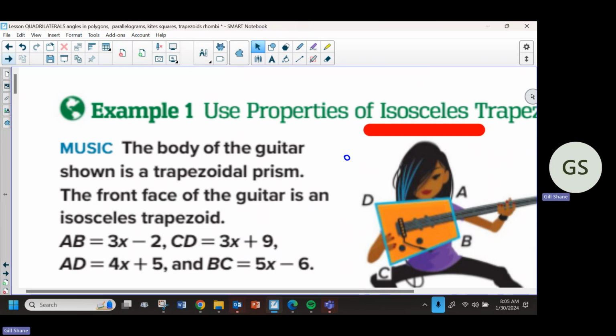Let me ask you this. If this line keeps going, that line keeps going, and it looks like those are going to hit, those are the legs. Whichever two sides look like they will eventually hit, those are the legs.